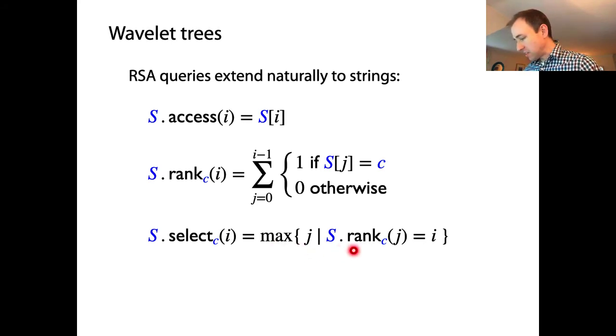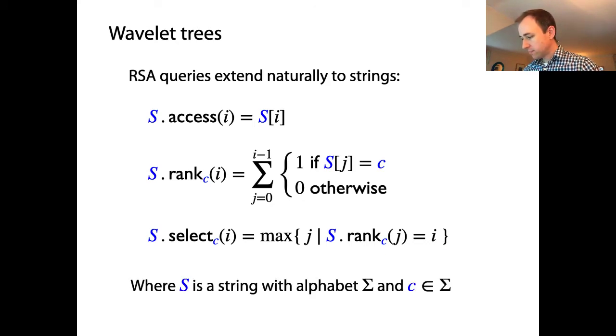That's basically telling us the offset of the character of that rank, defined in terms of this maximum. Another way of saying that is, what's the maximum offset where the rank equals i. This capital S is a string, and this lowercase c is a character from the alphabet.